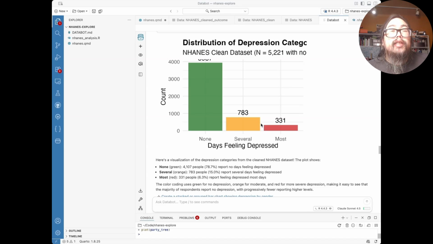You can see that these numbers are much smaller than the none category. So we have to be careful in training an algorithm because these numbers are unbalanced. If we wanted to train an algorithm to predict these, we have to make sure to do some sort of sampling strategy. But let's not worry about that right now.